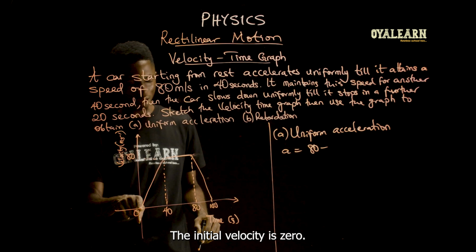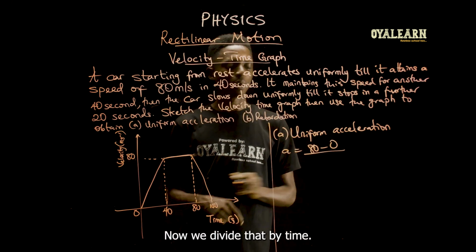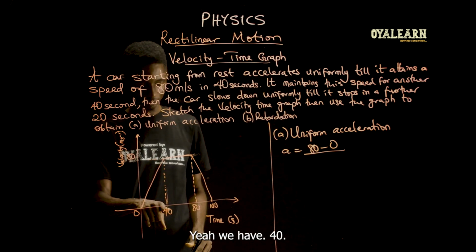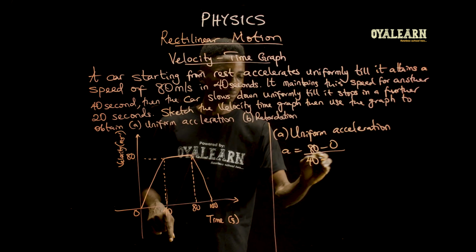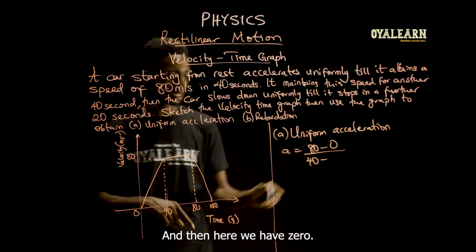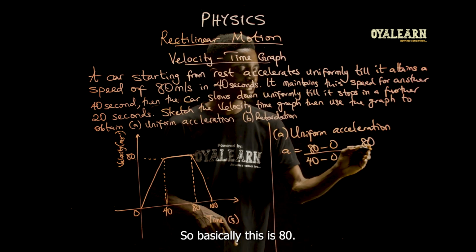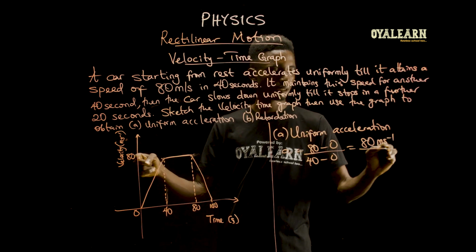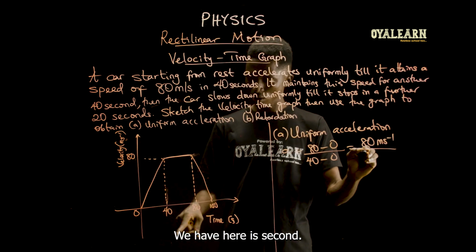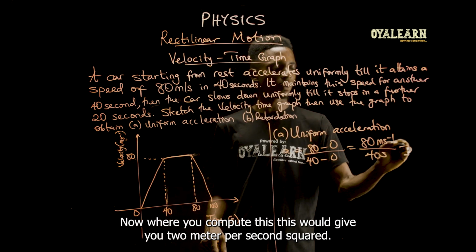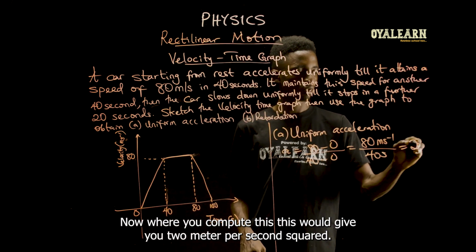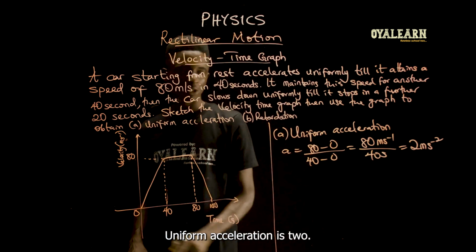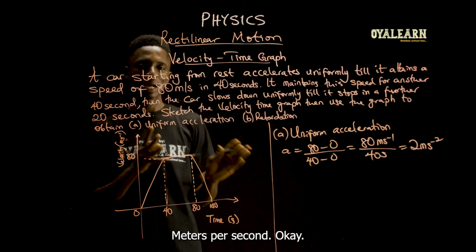The initial velocity here is 0. Now we divide that by time. Now time at the final here we have 40, and then here we have 0. So basically this is 80. Now remember, this is in meter per second, and then what we have here is second. So 40 seconds. Now when you compute this, it will give you 2 meter per second squared. So that is the acceleration, uniform acceleration is 2 meters per second squared.